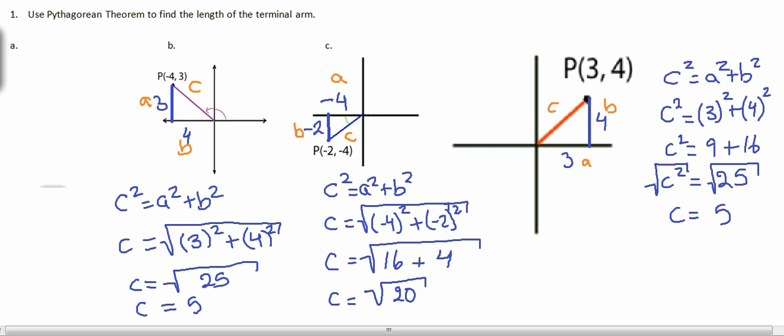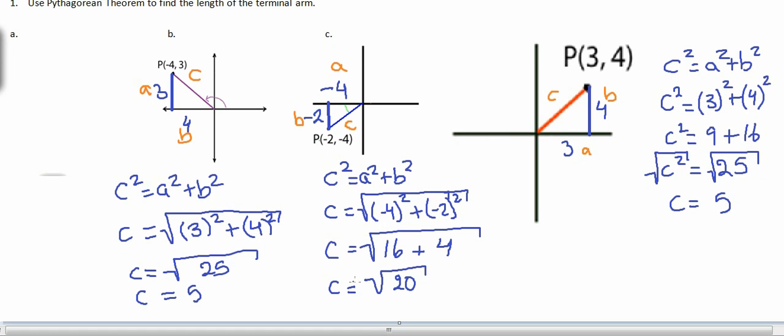Now 20 isn't a perfect square, so we're going to simplify this radical. I'm just going to do this off to the side here. The square root of 20 can be rewritten as the square root of 4 times 5.